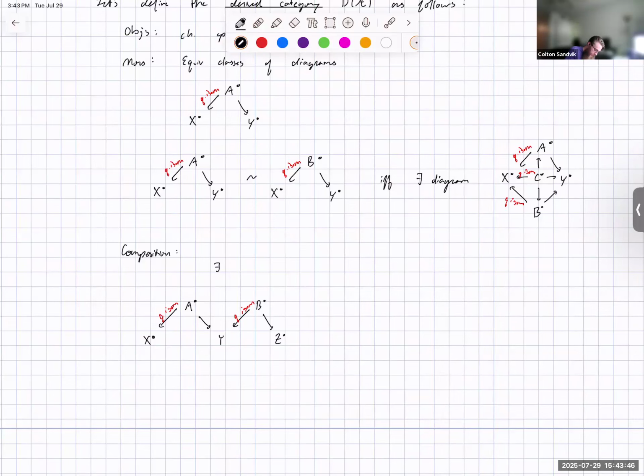We need to find some C making this diagram commute, and such that this left morphism is a quasi-isomorphism. These are both existence claims. And the fact is that C always exists.